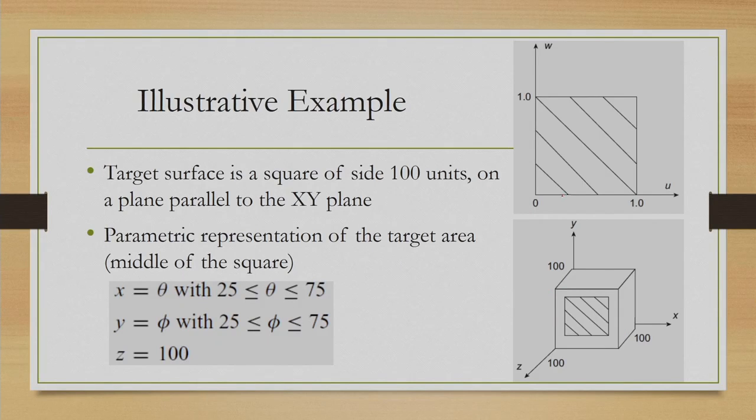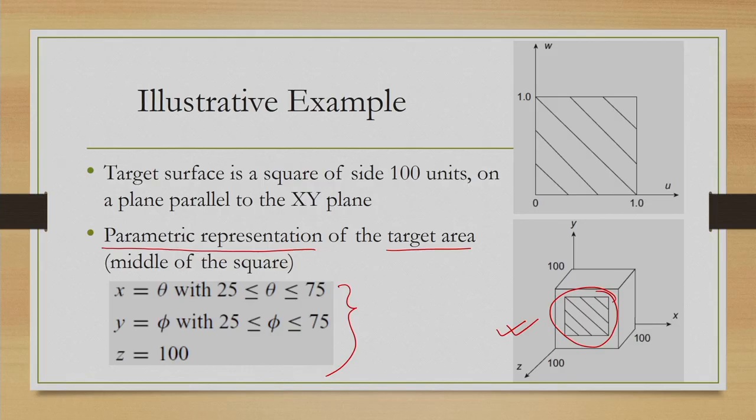Now, the specification of that surface is already given here in terms of the size information. So, using that information, we can go for a parametric representation of the target surface area, that is the middle of the square. How do we represent this? With this set of equations, which is very easy, you can try to derive it yourself.